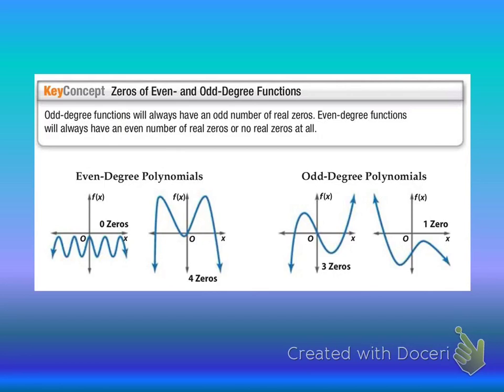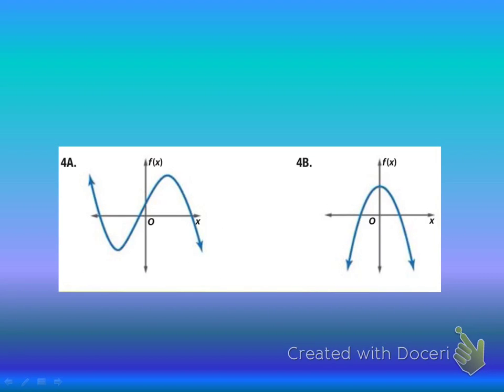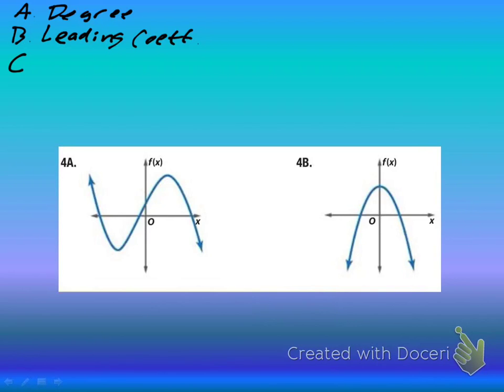Okay, let's talk about what you're actually going to have to do with this, all right? So I'm basically going to ask you, I think it's going to end up being 4 questions, all right? Question A, degree. Question B, leading coefficient.